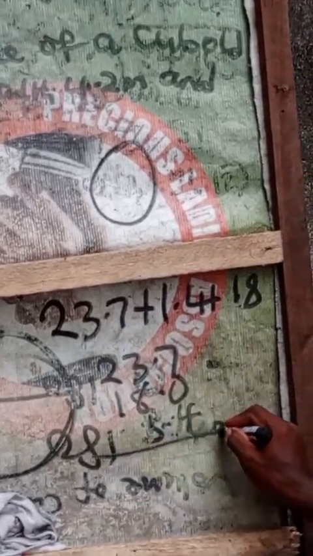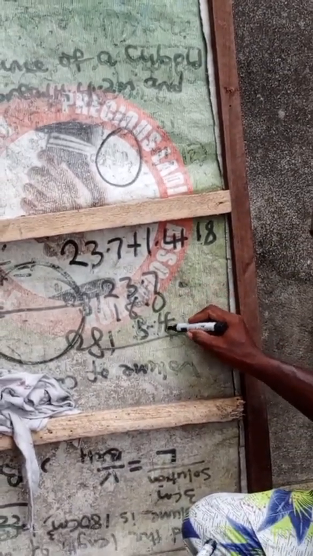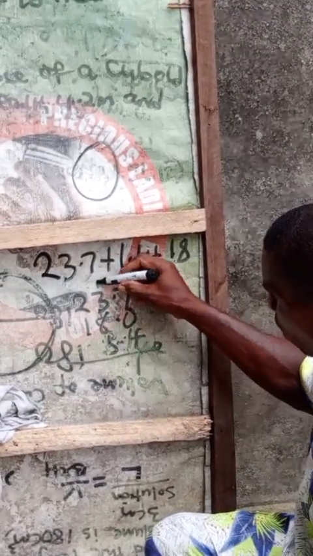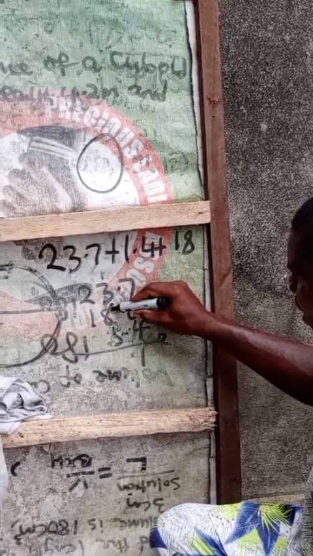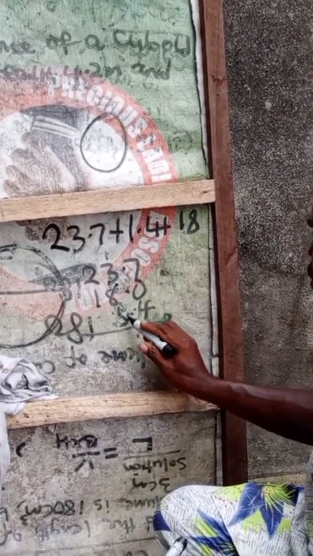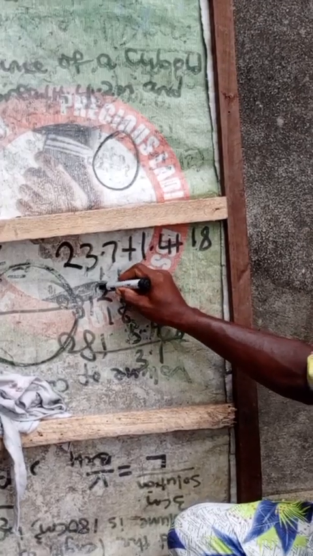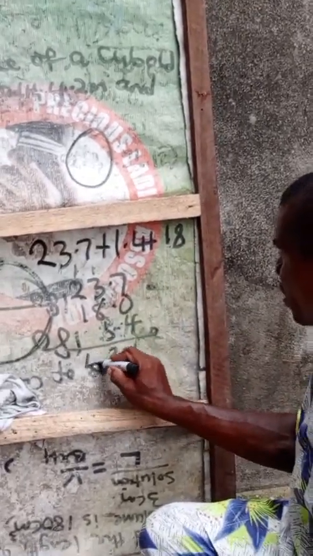Then you add: 7 plus 0 is 7. 7 plus 4 is 11. Write 1, carry 1. 1 plus 3 is 4. 4 plus 8, 12. 2, carry 1. 1 plus 2, 3. 3 plus 1, 4. This is my answer.